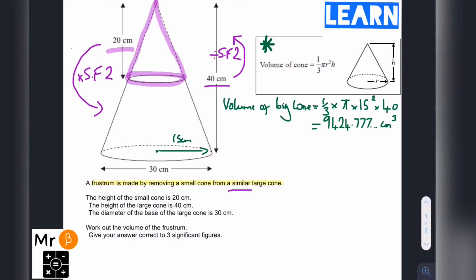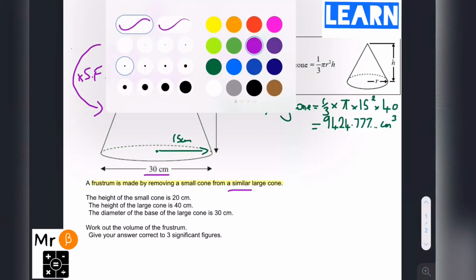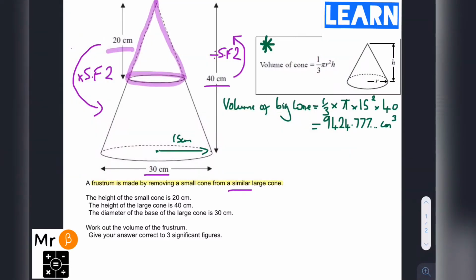So here, in our large cone, the diameter is 30. So if we divide that by a scale factor of 2, that tells us our new diameter is 15 centimetres. Therefore our radius is exactly half of that, and it's 7.5 centimetres.